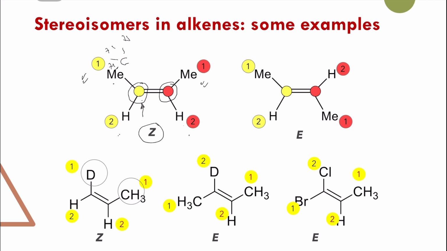I have the methyl here for the yellow on that side, because they're the methyl and hydrogen. On the red carbon, I have hydrogen and methyl is given the priority, but the two substituents on the two carbons are on opposite sides, so it's going to be an E.